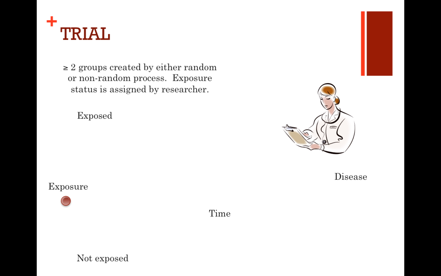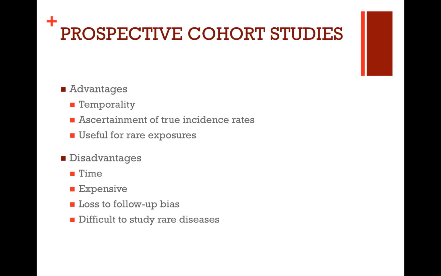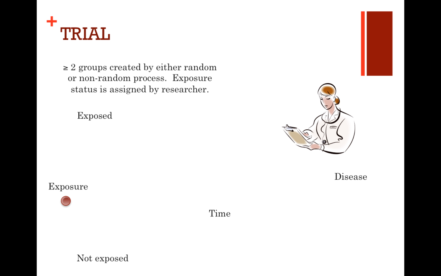Now we're moving from the left hand of the screen, from those observational studies, to the right hand, the experimental studies. The difference between a cohort study, those prospective cohort studies, and a trial or an experiment is that in this case, you, the researcher, are assigning the exposure status.